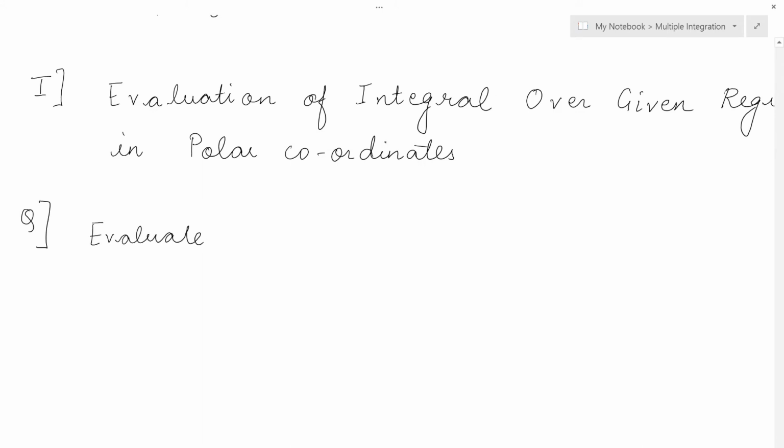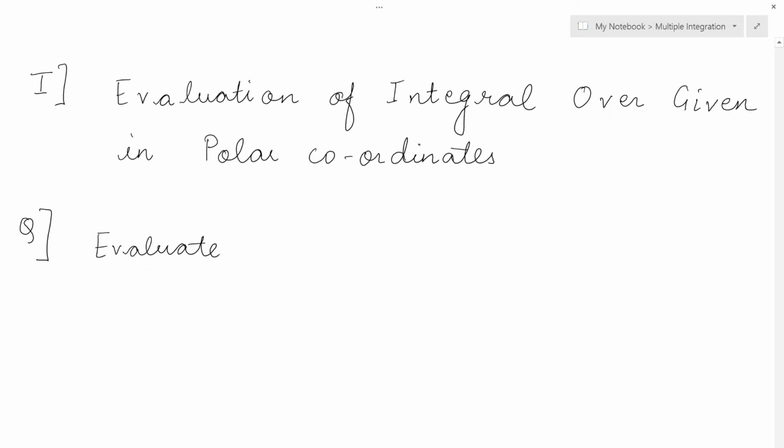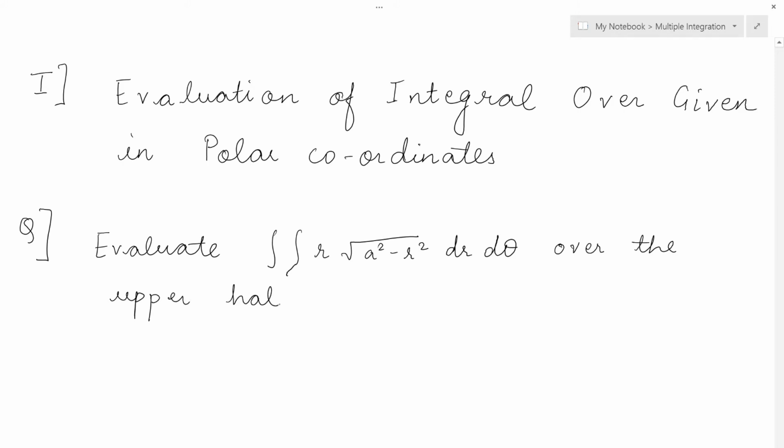Evaluate the double integration of r under root of a square minus r square dr d theta over the upper half of the circle r is equal to a cos theta.